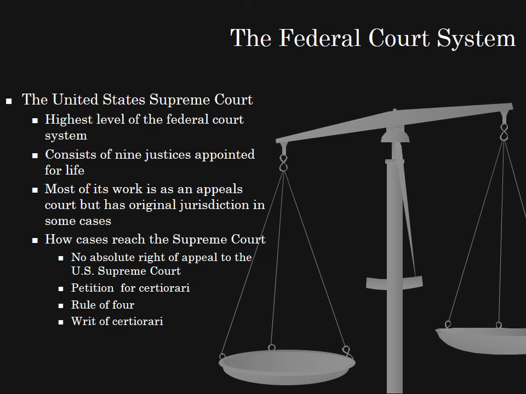There is no absolute right of appeal to the U.S. Supreme Court. The parties have to file a petition for certiorari, which we just say cert. And if 4 of the 9 justices agree to hear the case, and we call that the rule of 4, then the court will issue a writ of certiorari, or a writ of cert, to hear the case.